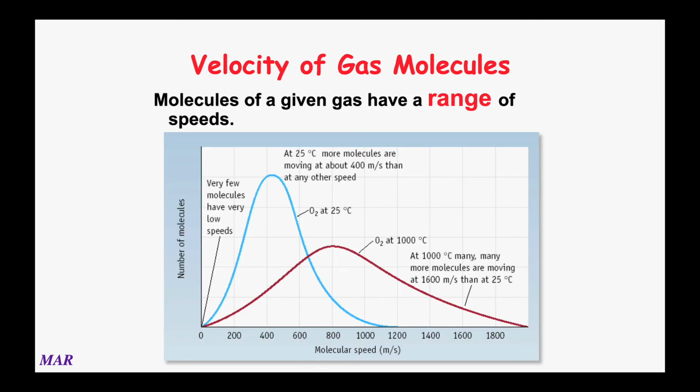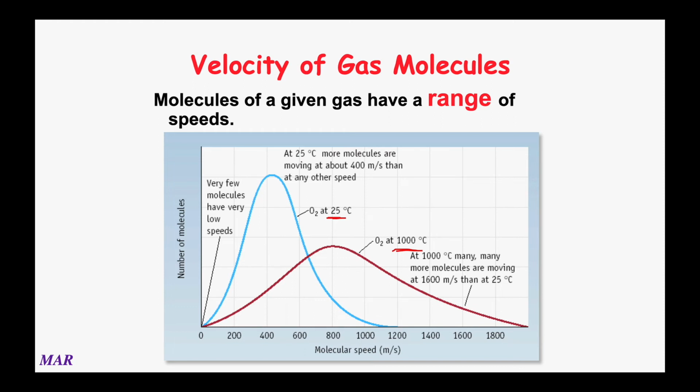This picture is kind of cool. It shows two samples of oxygen. The blue line represents a sample at 25 degrees Celsius. And the reddish brown line shows a sample of oxygen at 1,000 degrees Celsius. And those curves, the blue and the red-brown curve, are just the distribution of the different gas molecules.